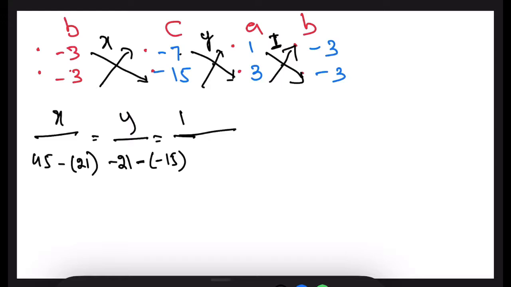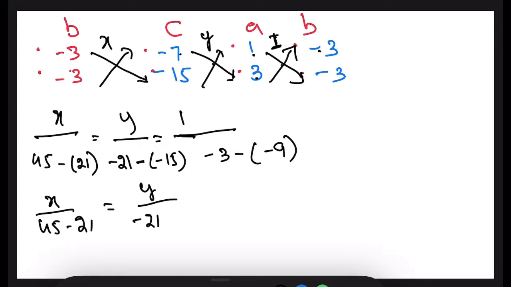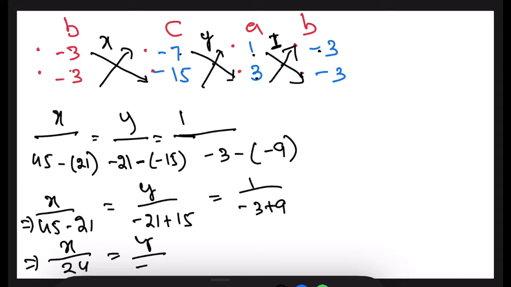Then 1: minus 3 and minus, plus into minus is minus, 3 3s are 9. Then x upon 45 minus 21, equals y upon minus 21 plus 15, equals 1 upon minus 3 plus 9. So x upon 24 equals y upon minus 6 equals 1 upon 6. 9 minus 3 is 6.